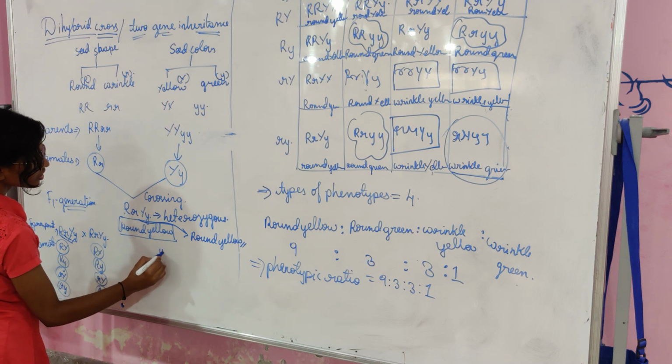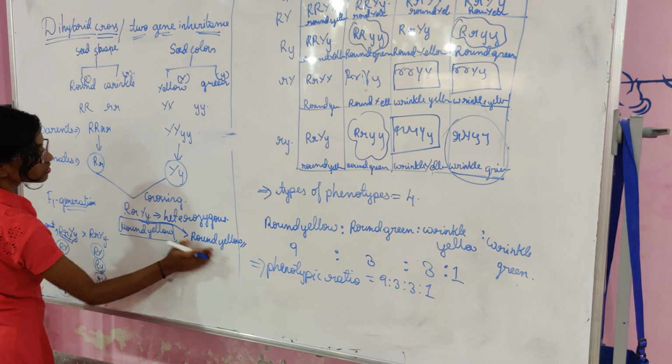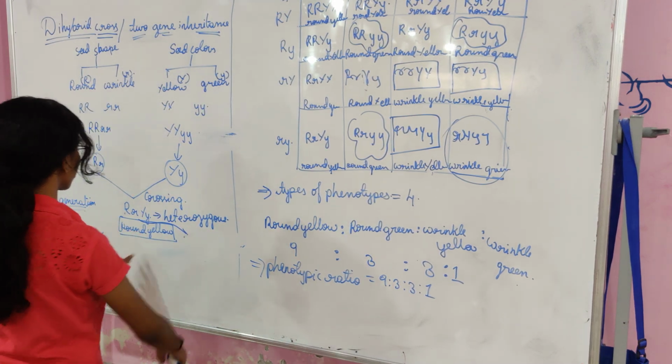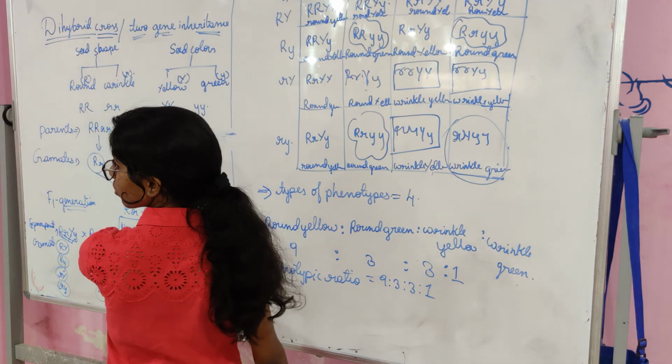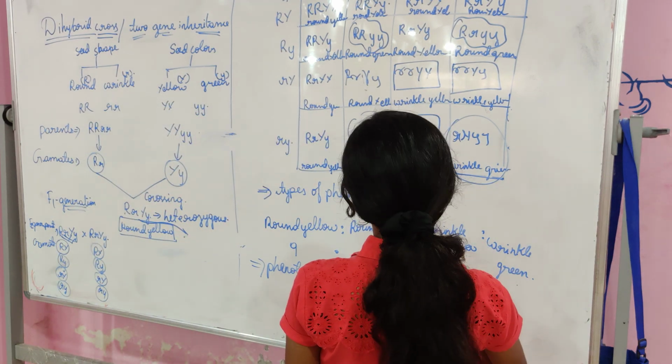Round yellow and wrinkled green. These are my parents. Don't get confused with this. I want parental combinations.